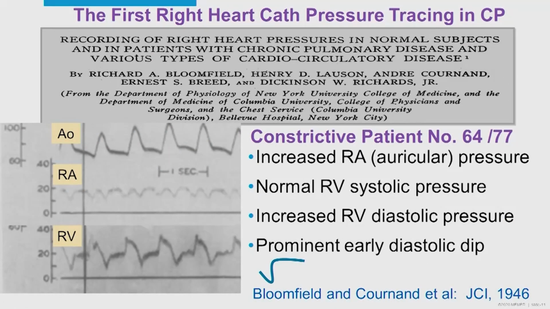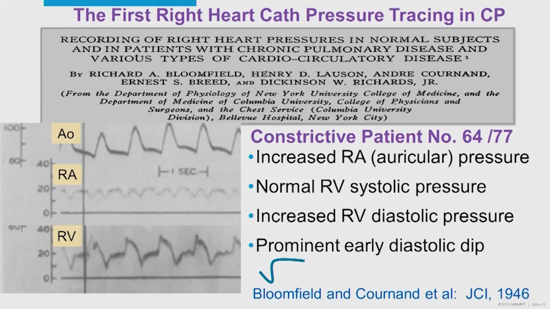All of us consider the invasive hemodynamic pressure tracing the gold standard for diagnosis of constriction. The first report of right heart cath pressure tracing in constriction was published in 1946 from NYU. And these investigators are very prominent in that they received the Nobel Prize for their work in cardiac catheterization.